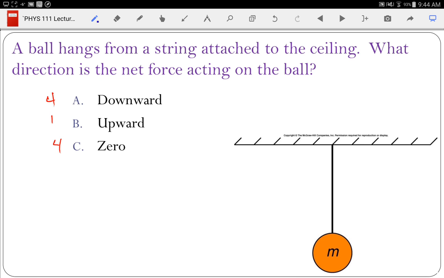I already have one more correct answer than we had the first time. Ah, boo. One person was correctly switched. Well, it worked for one person.